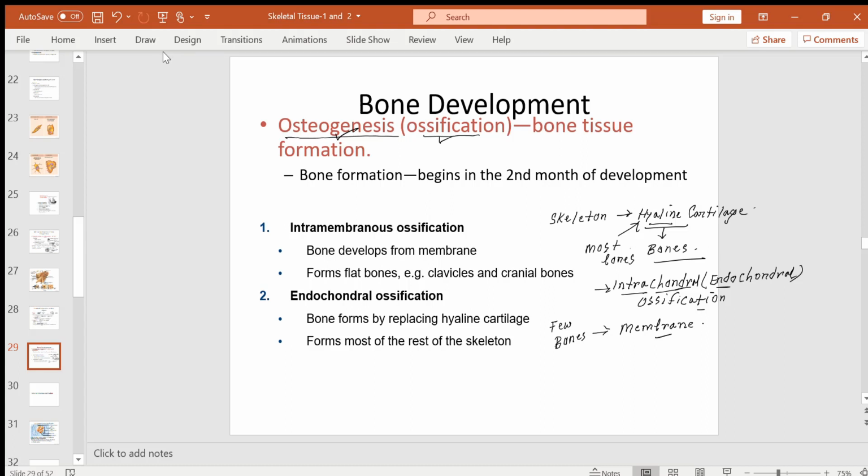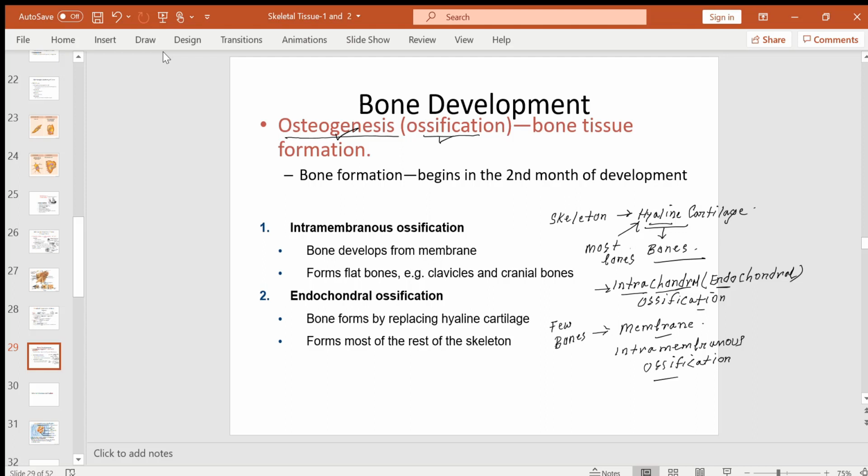Okay, and that's why that type of bone formation is called intramembranous, from the membrane. Okay, intramembranous ossification. Okay, so we'll talk about both.